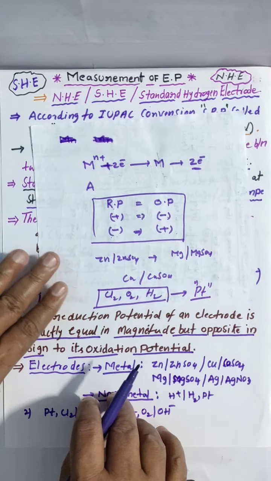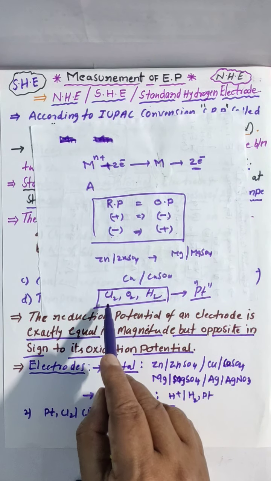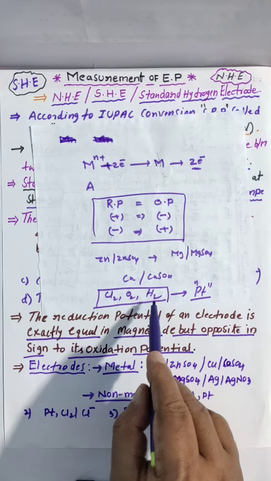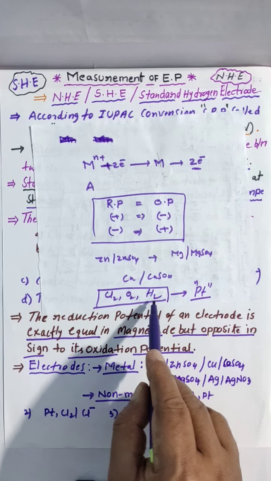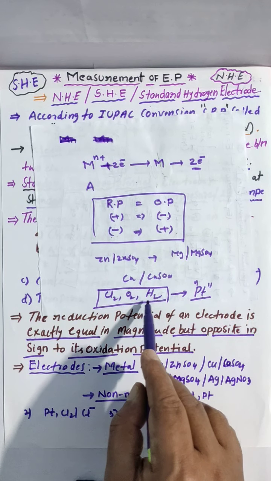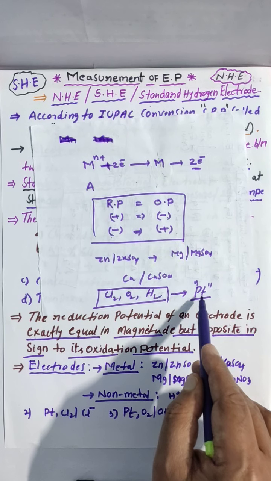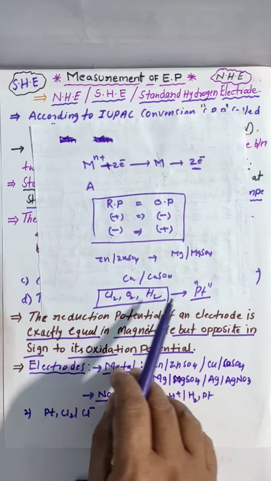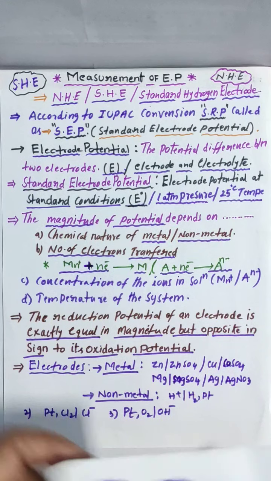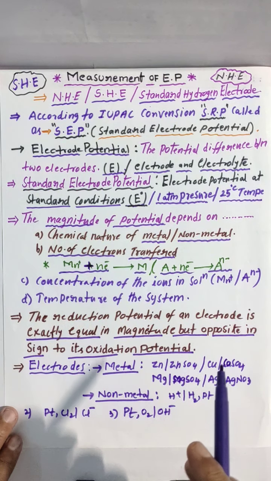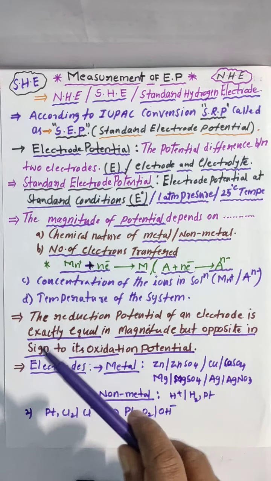Since chlorine, oxygen and hydrogen are gases, we introduce a platinum inert electrode in the solution. You have to remember these things before going to the measurement of electrode potential.